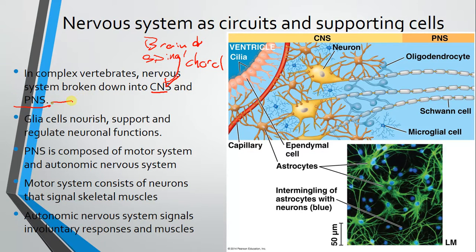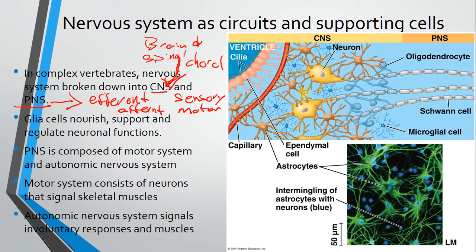The peripheral nervous system, efferent and afferent, sensory and motor neurons. So this is just how we divide our systems of neurons into two functionally similar parts, right?